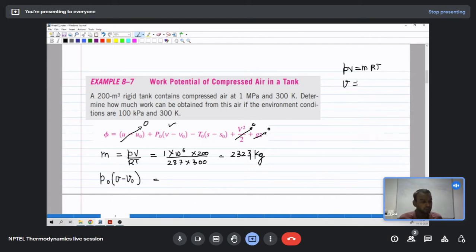So I have V as RT by P. Here P naught is 100 kilopascal. In SI units we have 100 into 10 power 3 into V, which is RT by P minus R T naught by P naught.